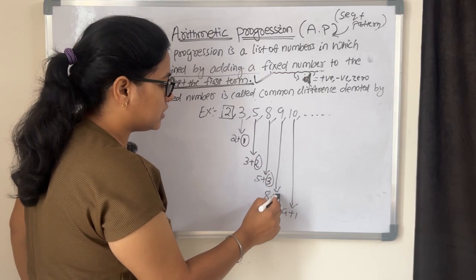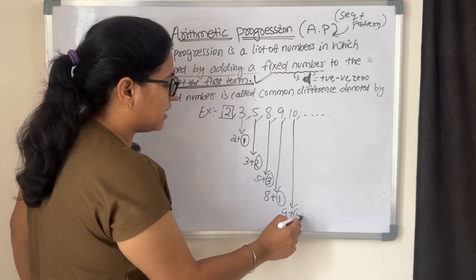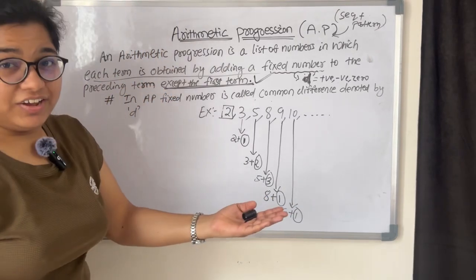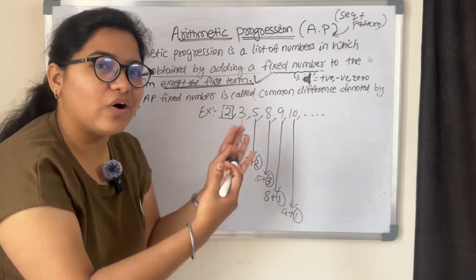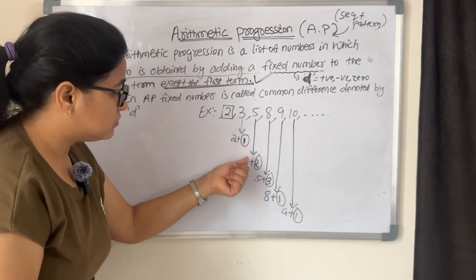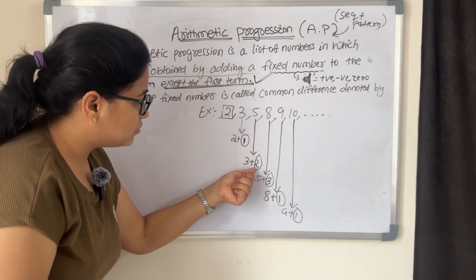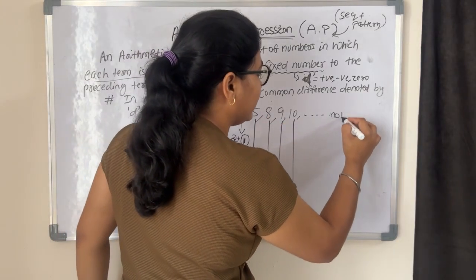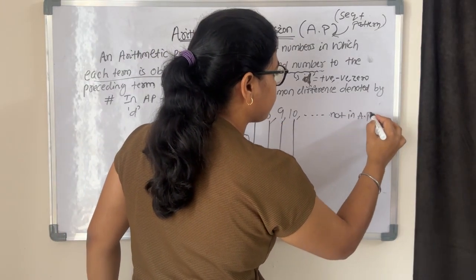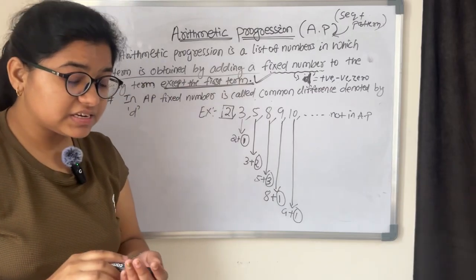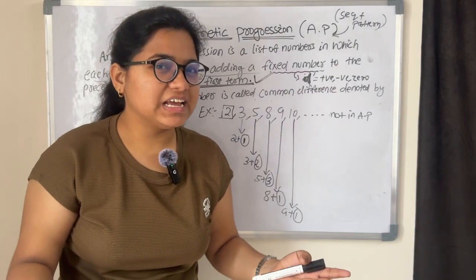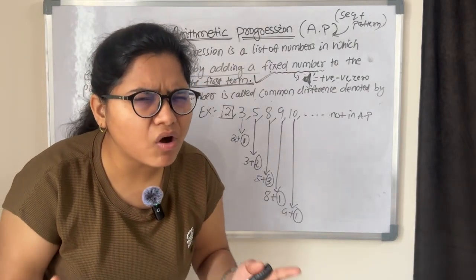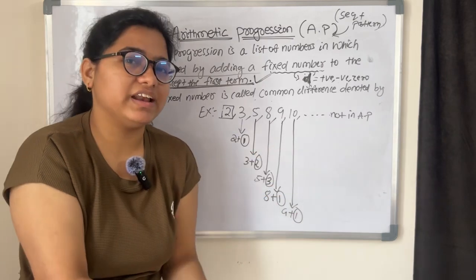For all the terms, the common difference is different. Sometimes it is 1, sometimes it is 2, sometimes it is 3. So this is not in AP. If the common differences are the same, then we can say that the sequence is in AP. If it is not the same, the sequence will not be in AP.